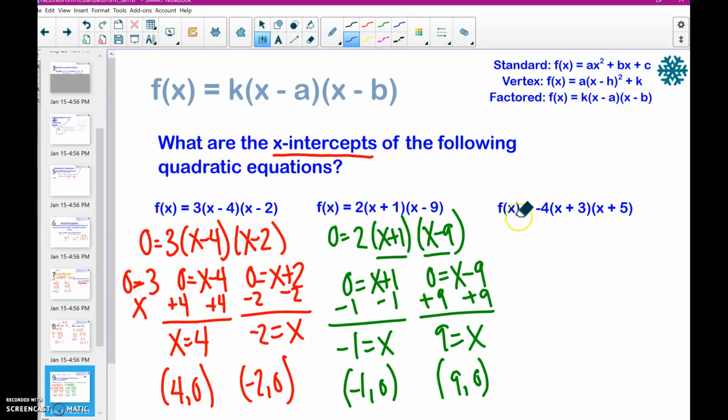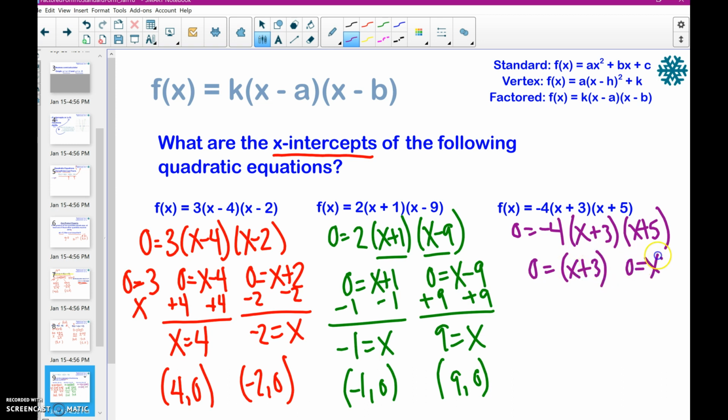Our last one that we look at, if I set this equation equal to 0, I have negative 4 times x plus 3 times x plus 5 is equal to 0. I know that 0 does not equal negative 4, so I'm just going to set 0 equal to my 2 linear factors that I have. I know I just wrote that one in parentheses. It doesn't matter.